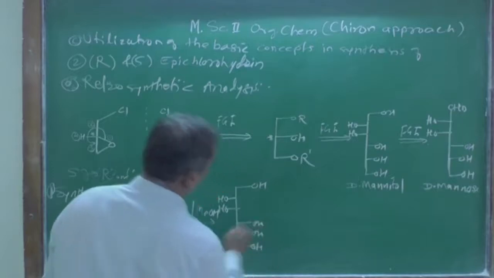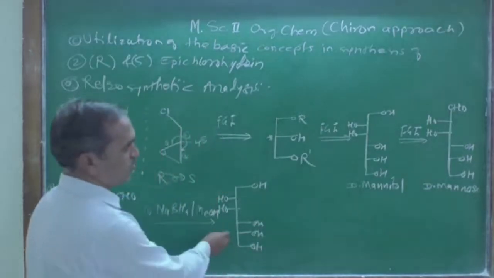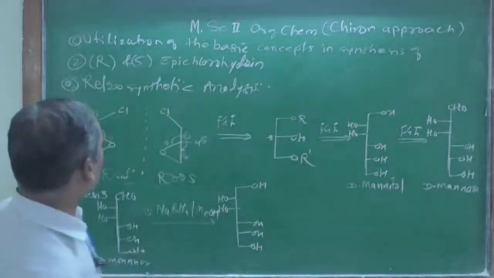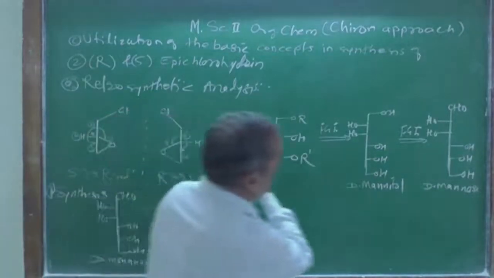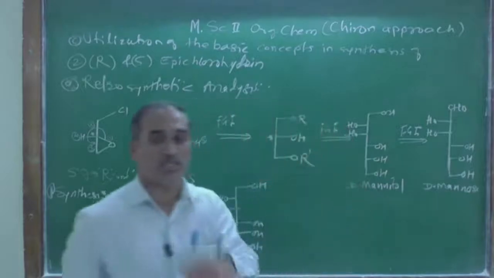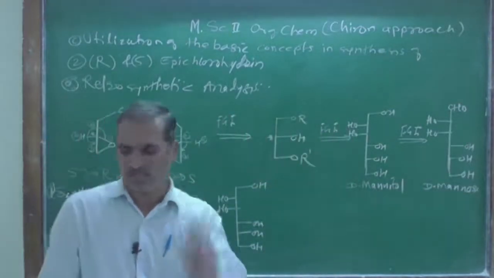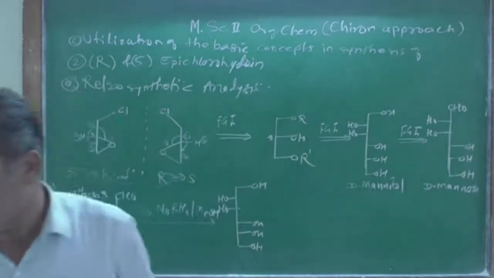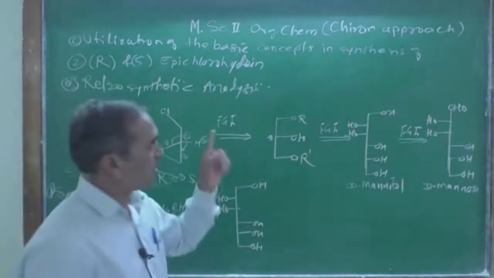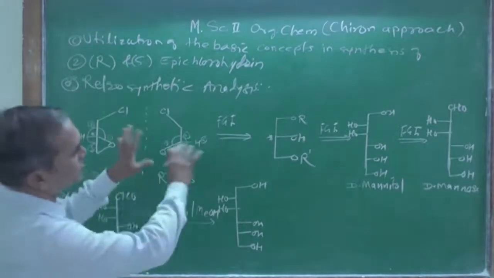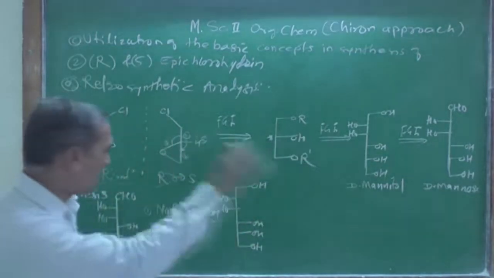Now retrosynthetic means what? It is an imaginary but logical reverse chemical reaction which helps us reach the reactant starting from the target molecule, known as retrosynthesis. And the retrosynthetic analysis we have done here.